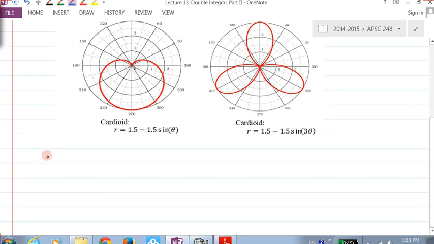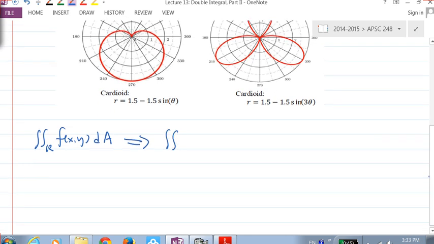Essentially, here is a double integral of f. But we want to change this to a different double integral, still the integration of f, but x is going to be changed to r cos theta, and y is going to be changed to r sine theta.